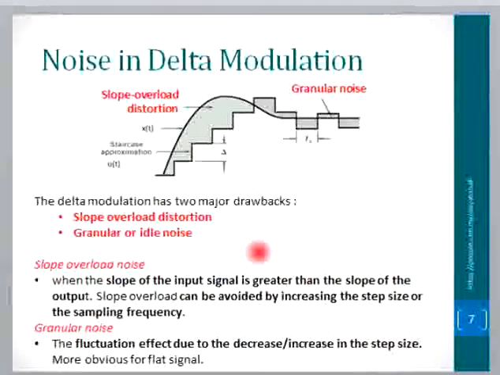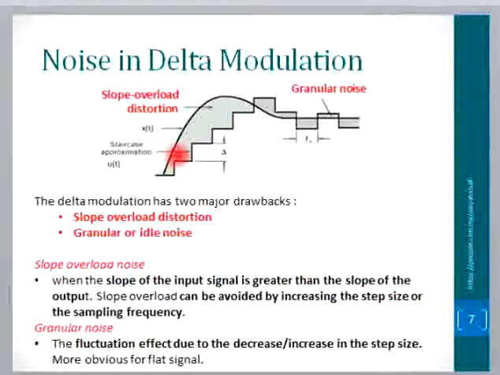But delta modulation also has drawbacks. Two major drawbacks in delta modulation are slope overload distortion and granular or idle noise. So slope overload distortion is like this, and granular noise like this. Slope overload distortion occurs when the slope of the input signal is greater than the slope of the output.